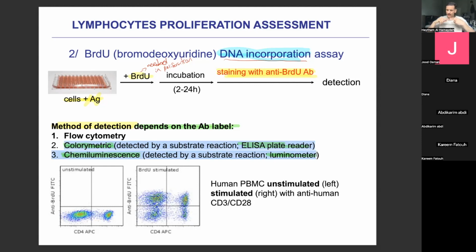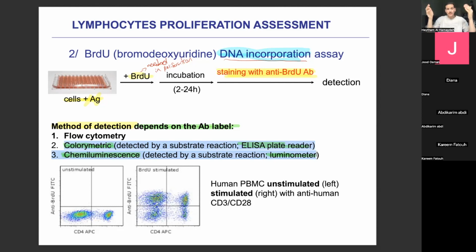colorimetric and chemiluminescence. And so colorimetric is basically an enzyme that digests a substrate to change color. So that secondary antibody can either be bound to a fluorescent substance to release light, or it can be bound to a substrate. When exposed to an enzyme, it digests it and changes color.